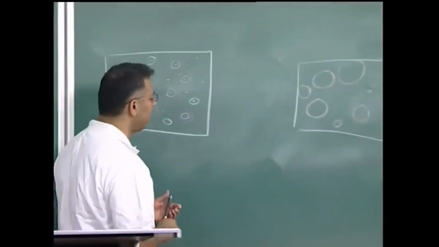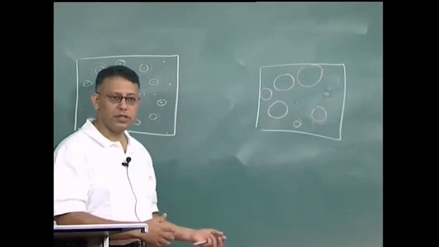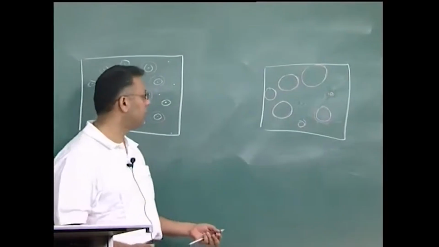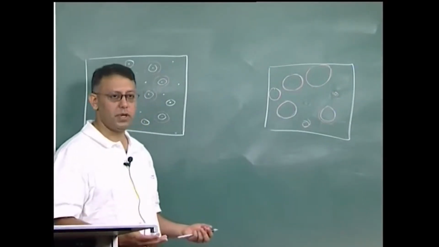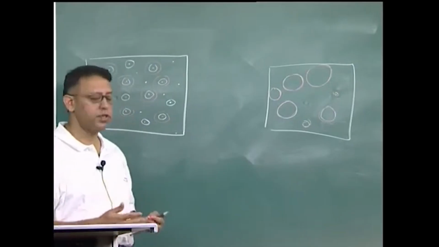And this implies that the system wants to go from a high energy state, which is the state with many small particles or many small precipitates, to a case where there are a few number of large precipitates. This is of course the process known as coarsening.